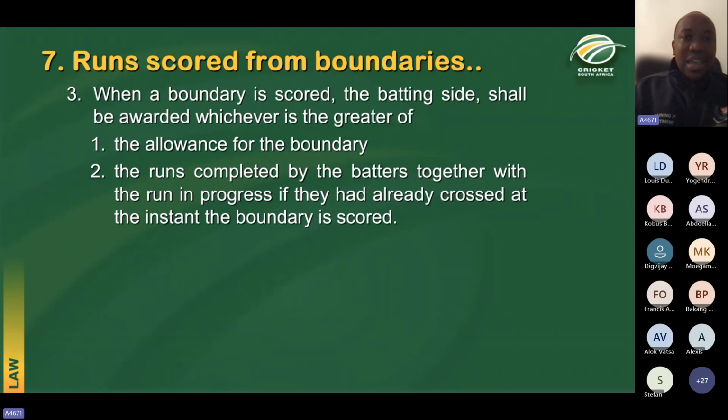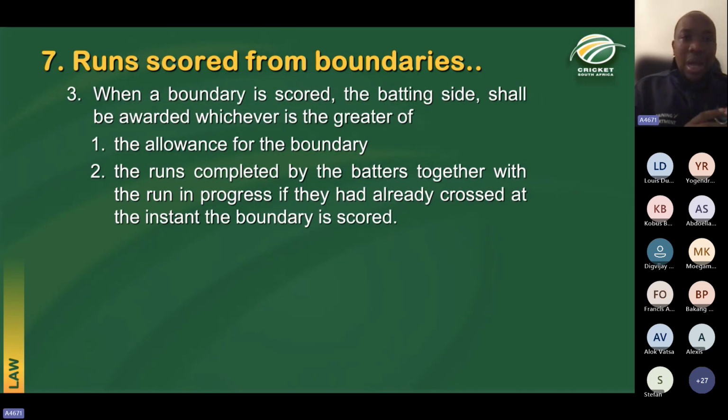Why? Because they have run more than the allowance of a boundary 4. The law tells us in this point that when a boundary is scored, the batting side shall be awarded the greater of the allowance for the boundary, which would be 4, or the runs completed by the batters together with the run in progress if they had already crossed at the instant that the ball crossed the boundary.